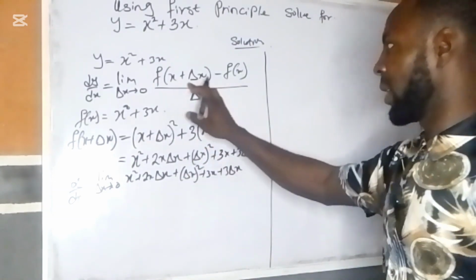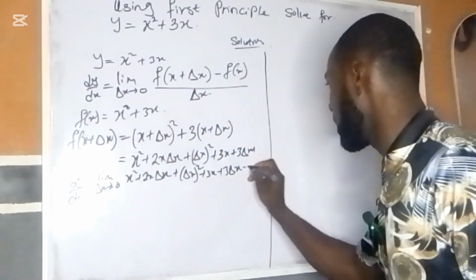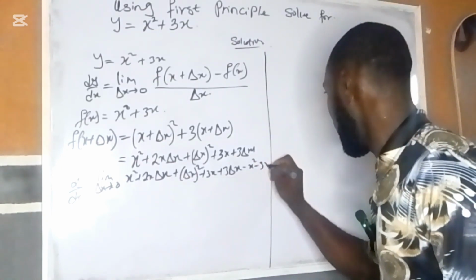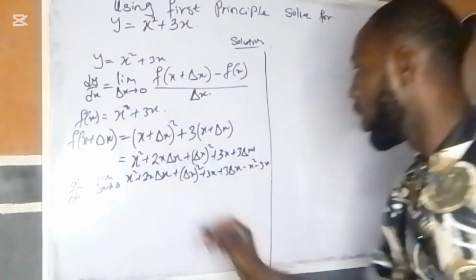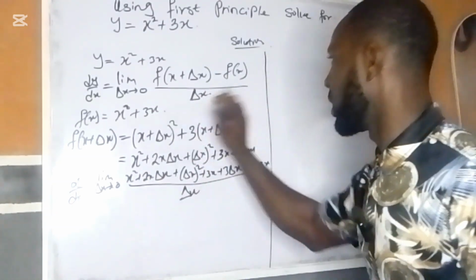This is the whole f of x plus change in x. Then minus this guy, which is minus x squared minus 3x, all over change in x.